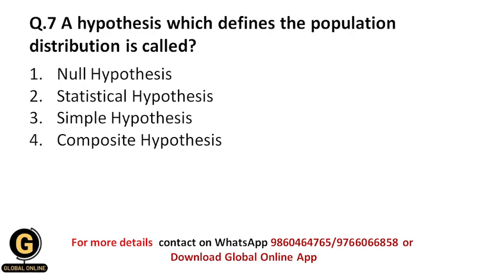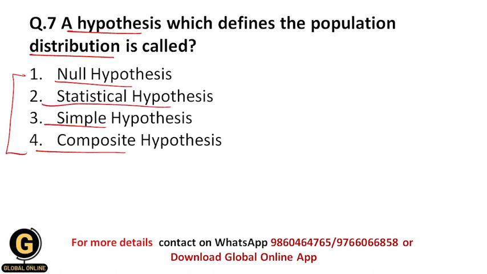Now next is a hypothesis which defines the population distribution is called. Now from these types of hypothesis, which is the hypothesis which defines the population distribution? Whether it is null hypothesis, statistical hypothesis, simple or composite hypothesis.